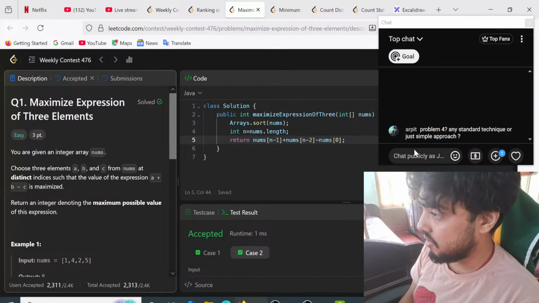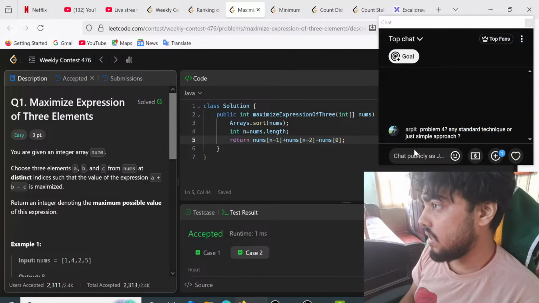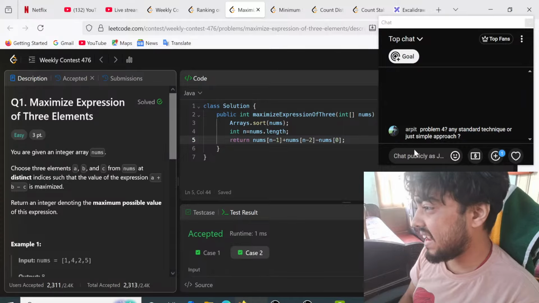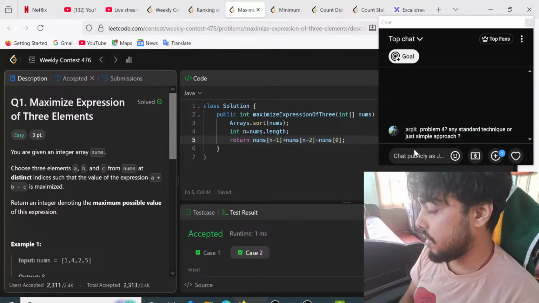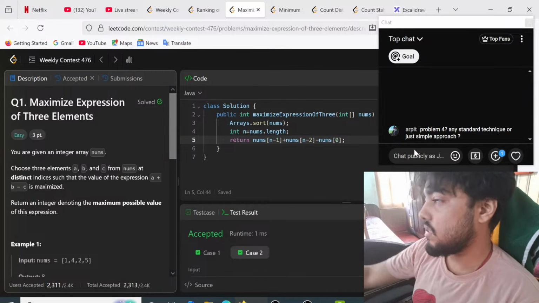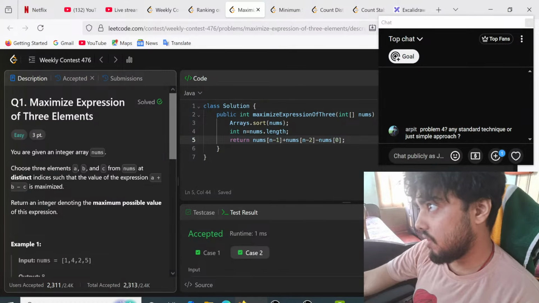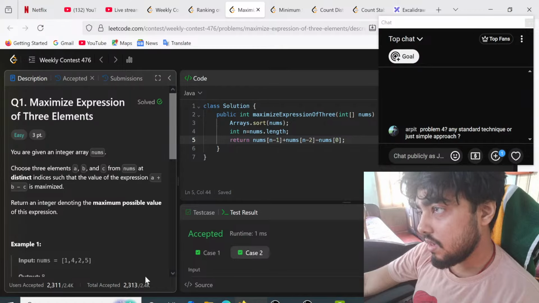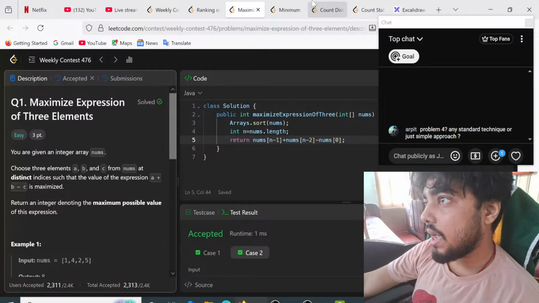I was attempting a binary search algorithm only. I couldn't do it because of the array index out of bound. Those things were coming, so I had to find the edge cases out, and I couldn't get the edge cases out yet. So the question is not yet submitted. It is partially solved, but I'll explain how to do that. It's just the time constraint that I haven't done this. Okay, let's go to the second question.